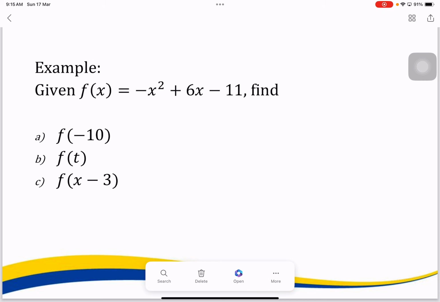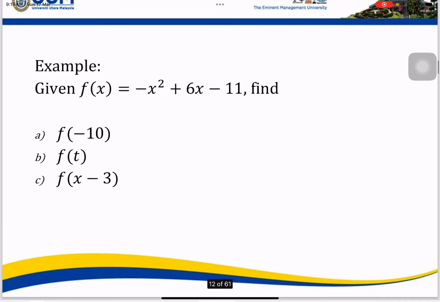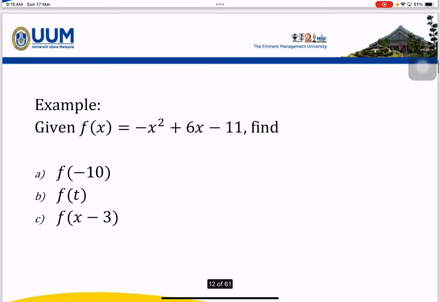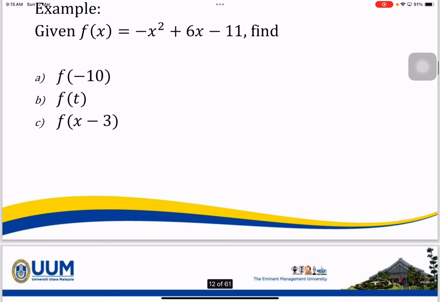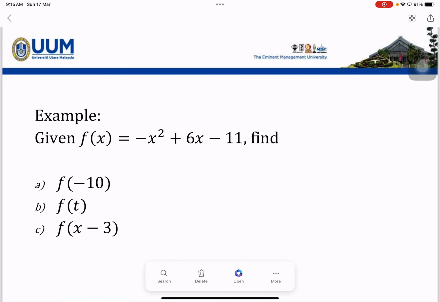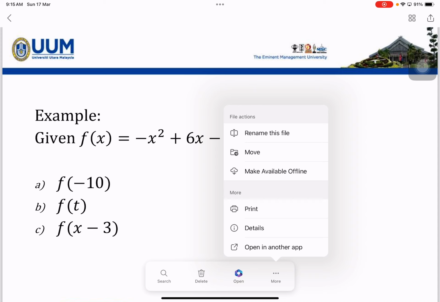Okay, we have examples here. This one is easy. I hope you can do this one. So example, given f(x) equals to this one, right? Yes, okay. This one is OneDrive. Let me see how. Open in another apps.